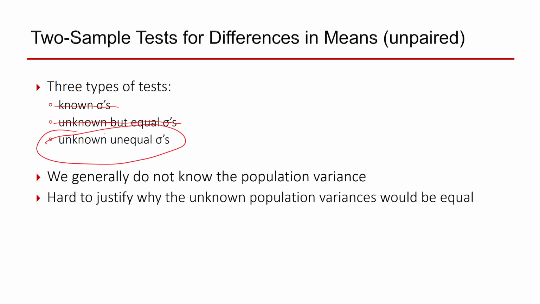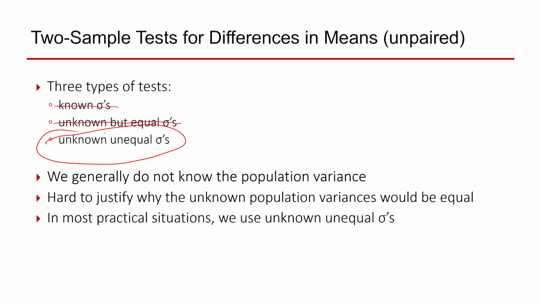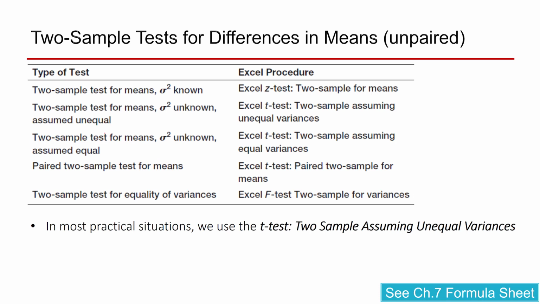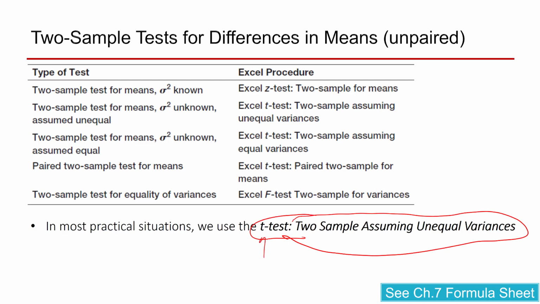So we're most of the time going to go with this one in practice, where you have unknown and unequal sigmas. That makes it so that in most practical situations, we're going to use the menu option that says two-sample t-test, assuming unequal variances. So the t-test is the unknown variance part, and then it says unequal variances.